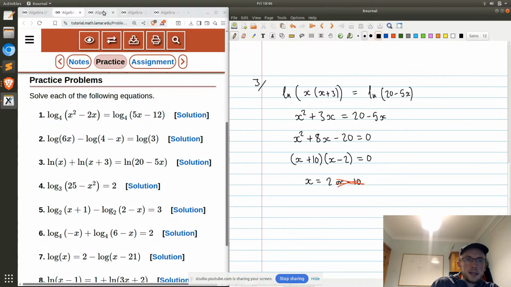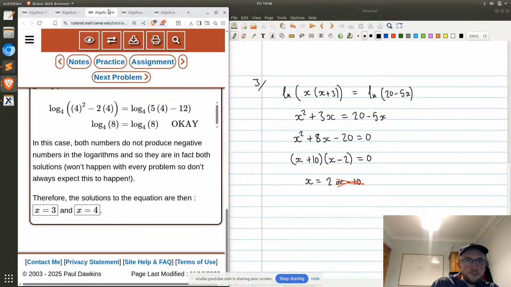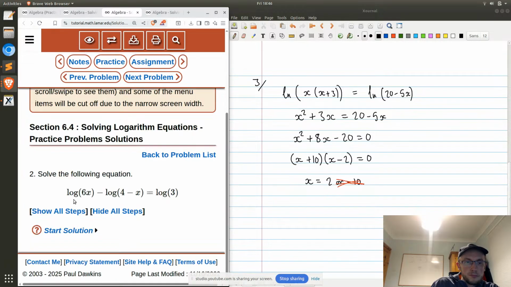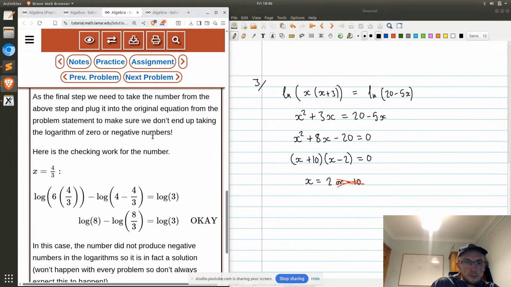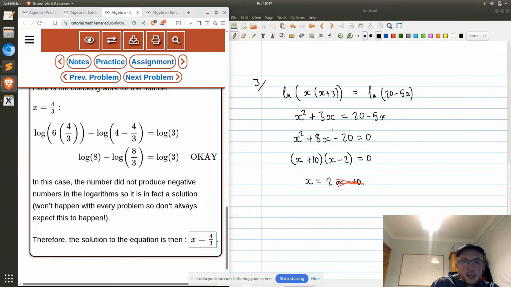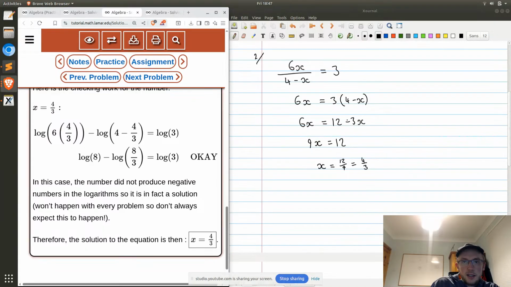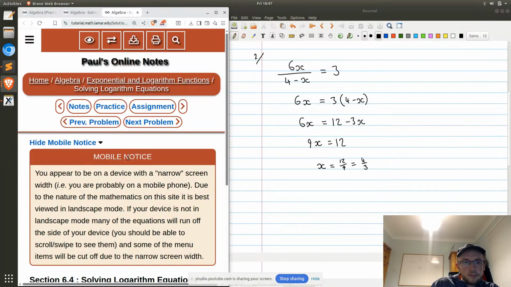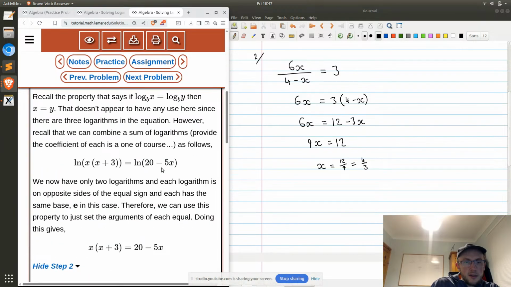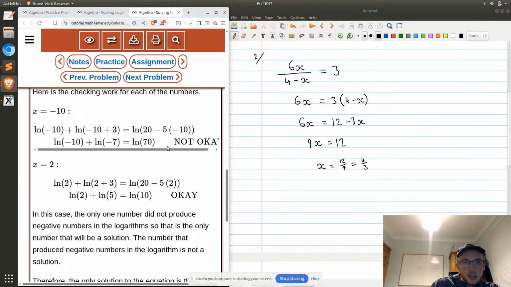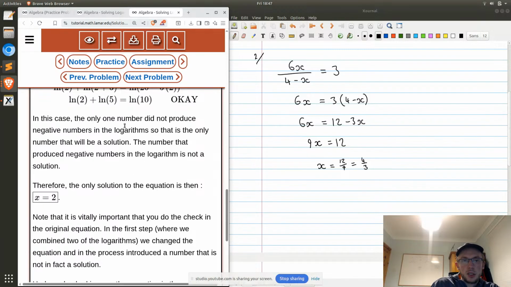And now we check. Okay, you can see that x is equal to 4/3 in the second problem. And in the third problem, look at that. Negative 10 is not okay. But 2 is just fine.